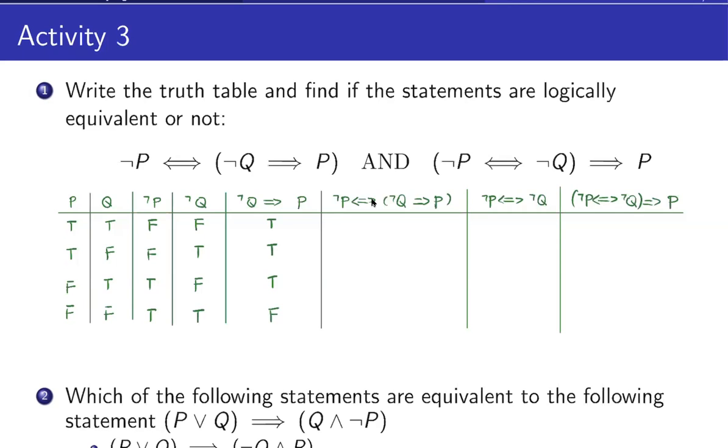Now you have not P, which is this column, if and only if this column. Okay, so let's look at that. False if and only if true would give us what?